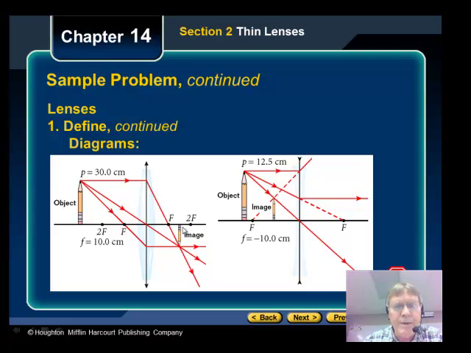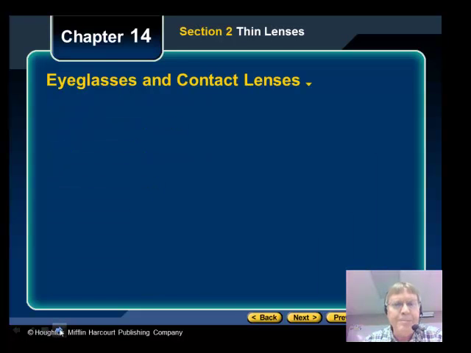We got 0.5, so it should be half the height of the object. You can't tell that in the diagram here, but I believe it is. On this one, for the diverging lens, we found that the image was virtual and it was upright, not inverted. And again, this shows that, and so our calculations are probably correct.